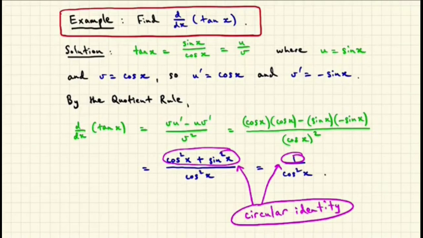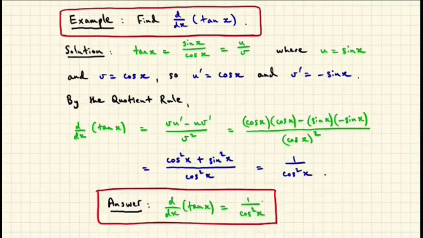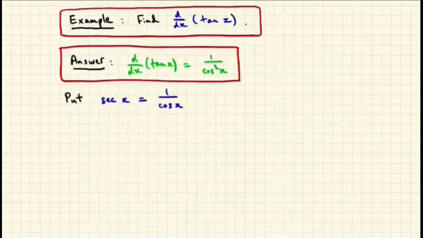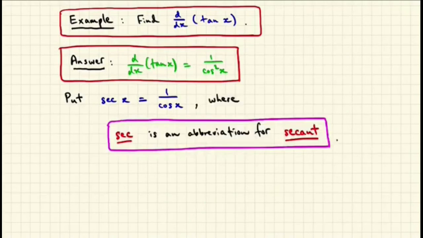Now, there is some common notation and terminology that you should become aware of involving trig functions. This terminology has to do with what we call the secant. We put sec x equal to 1 over cos x, the reciprocal of cos x, where sec is an abbreviation for secant.